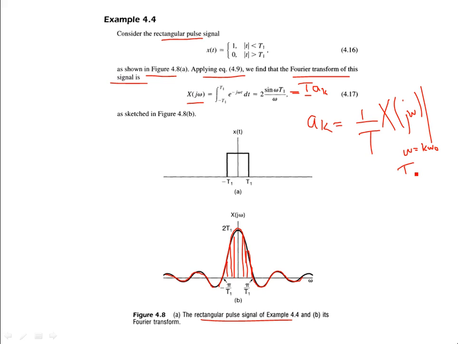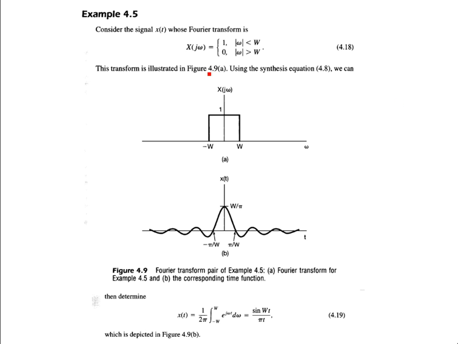T is large, so omega naught is small, so it becomes a continuum. This omega will be a continuous function, because the harmonically related Fourier coefficients at k omega naught are spaced much closer together. They become bunched together.